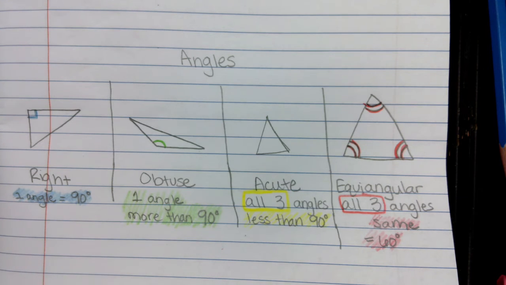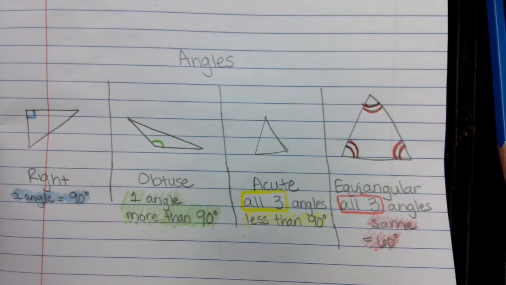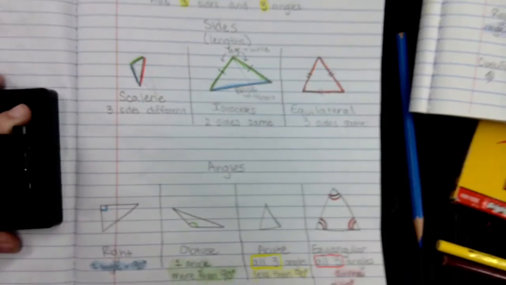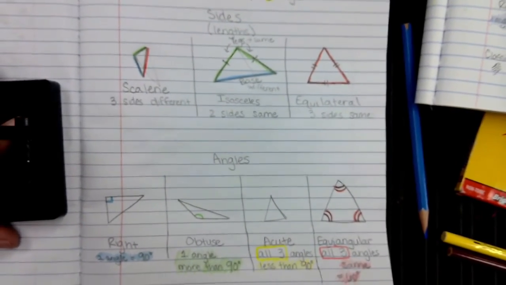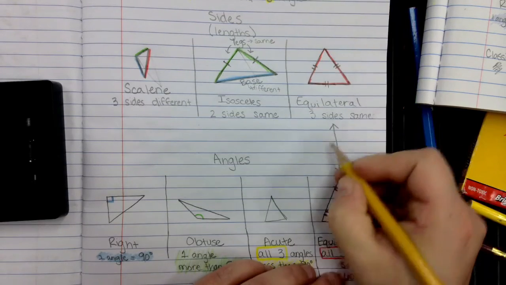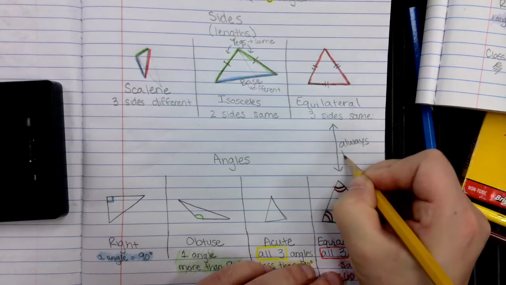All right, so what's kind of interesting is that equiangular and equilateral always go together. So if you know you have an equilateral triangle, you can assume it's an equiangular triangle.